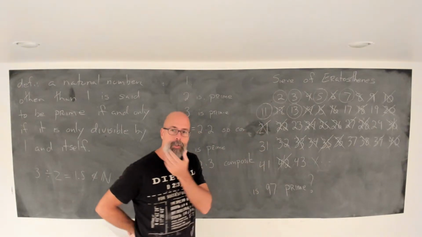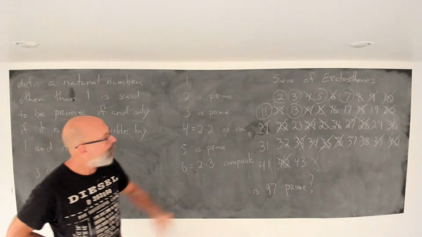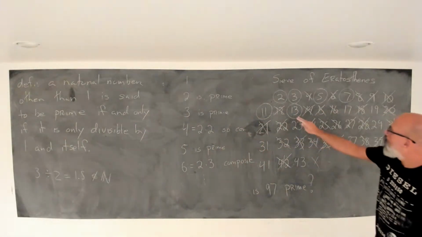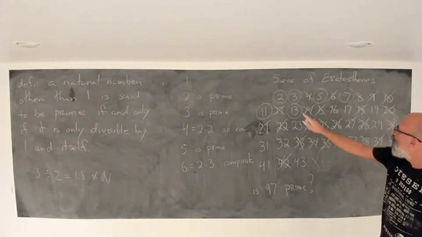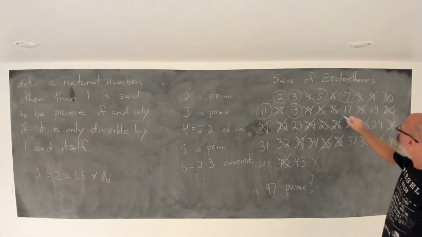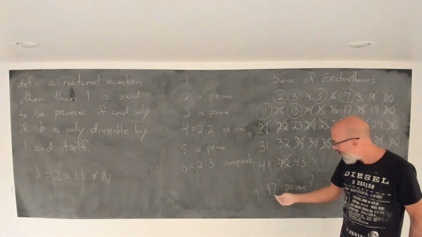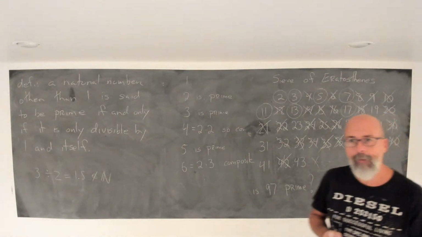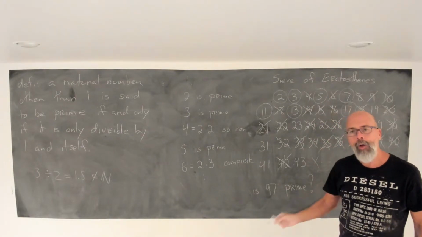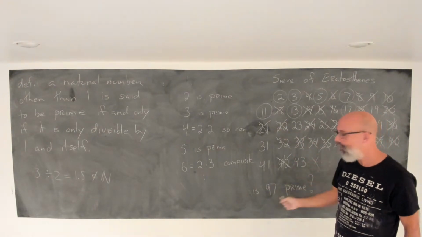We could use the sieve of Eratosthenes to determine, right? You can continue in this fashion, crossing out multiples of 13, so 26, 39, and so on. And then 17 is prime. And you continue on until one of two things happens. Either 97 has been crossed out, or it hasn't, and then you circle it as a prime.